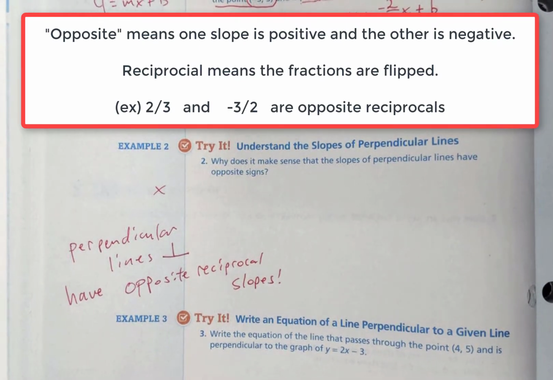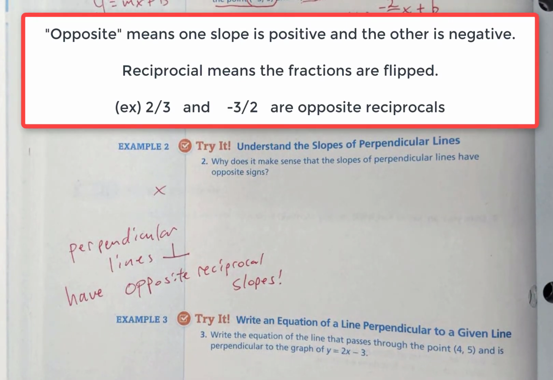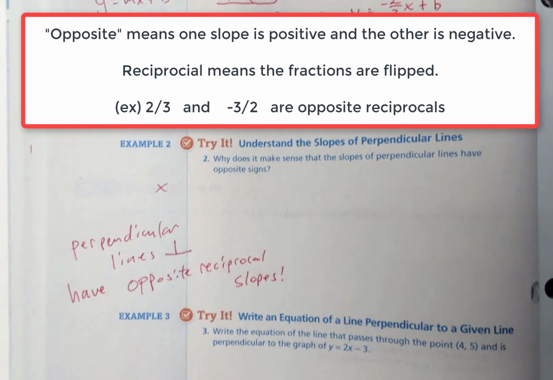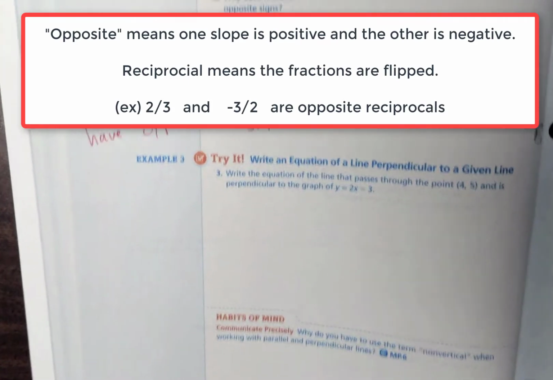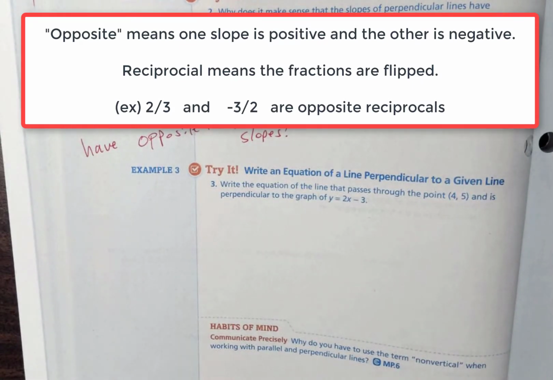If you want to write that down, that would be a good idea: perpendicular lines have opposite reciprocal slopes. So let's go to example 3.